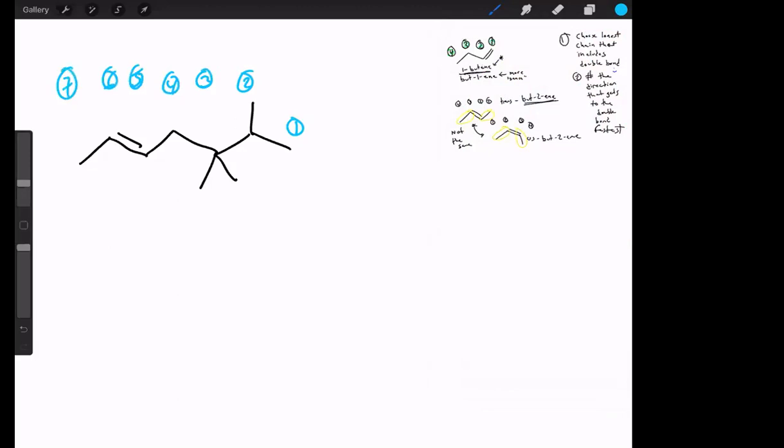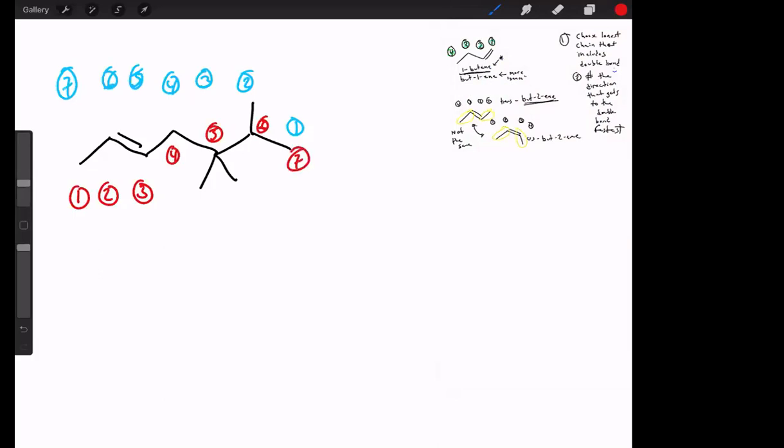But this numbering scheme is actually not correct. The reason is that a double bond has a higher priority than any single bond. So the rule is to number from the direction that gets you to the double bond the fastest. So it should actually be numbered this way.